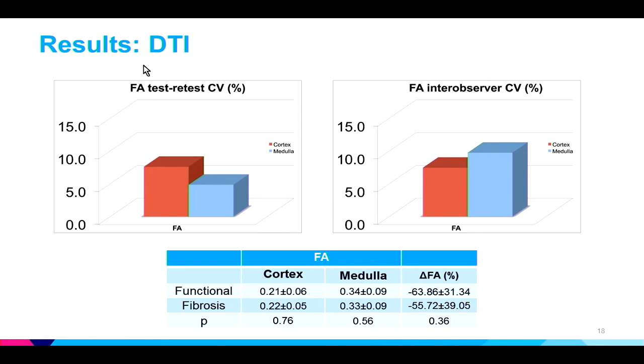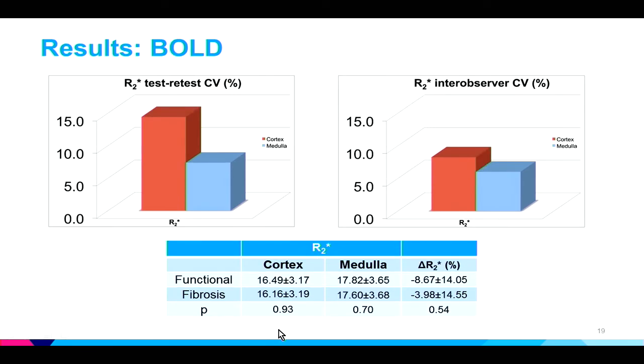The fractional anisotropy parameter, or FA, was robust for test-retest repeatability, as shown by a CV under 5%, and also for inter-observer repeatability. But unfortunately, we did not see differences between the functional and the fibrotic group.